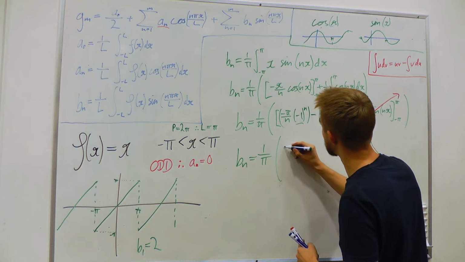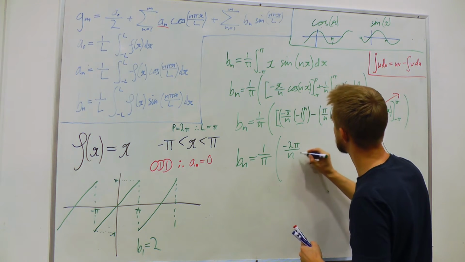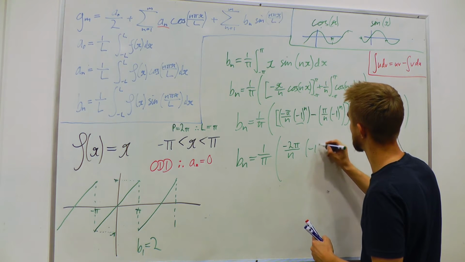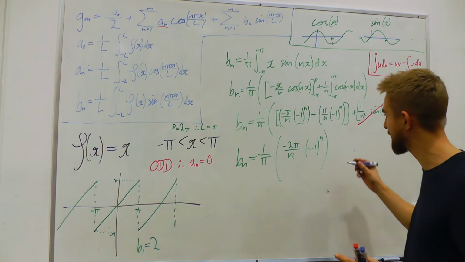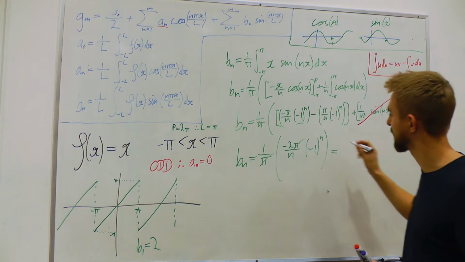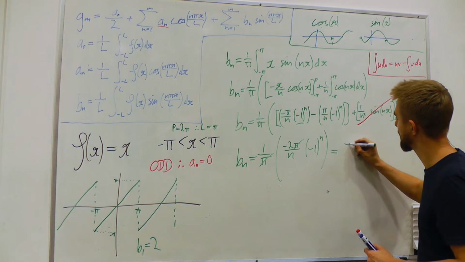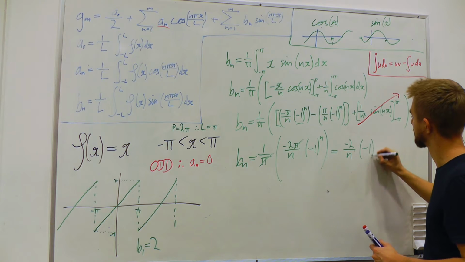So we get minus 2 pi over n times minus 1 to the power of n. Okay, we're nearly there. And now we can say, actually, this pi is going to cancel with this pi. So we now get minus 2 over n times minus 1 to the power of n.